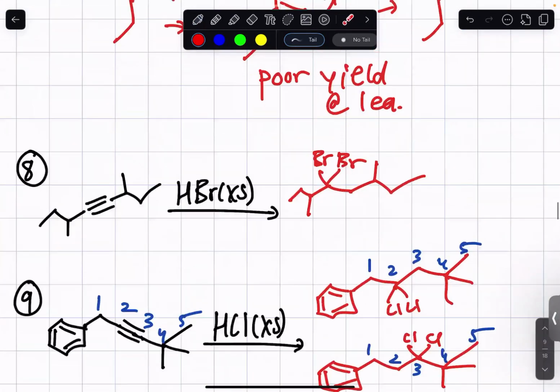Yeah. For 8, we don't put racemic because there's no chiral center. Well, there is a chiral center here, but they didn't give wedge or dashes. But the one that we formed, this is not a chiral center here, so we don't put wedges or dashes there. Yeah, we only put wedge or dashes on chiral centers that we form, and if all the chiral centers can change in the molecule, that's when you put racemic plus or minus.